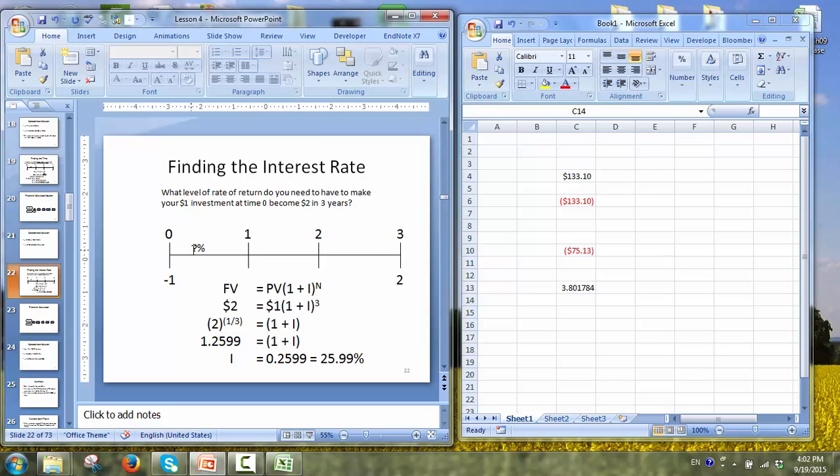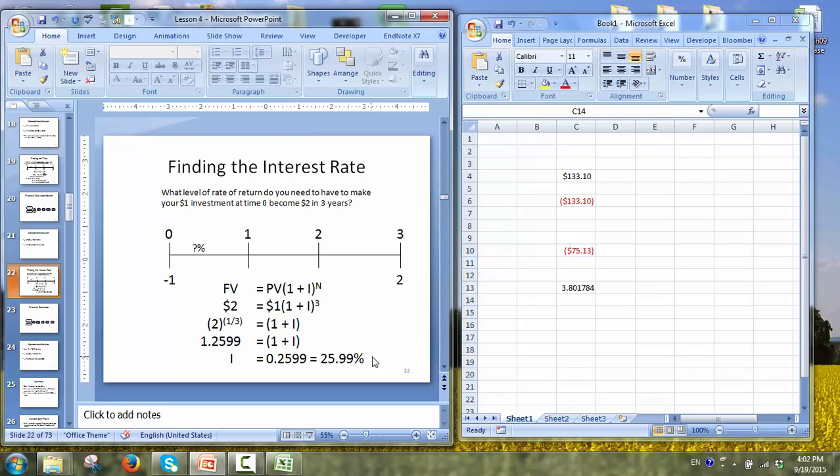Here we don't know the interest rate. We know we want 3 years for the investment to double, so we want to know what kind of return can guarantee that. So plugging $2 as future value, $1 as present value, 3 years as n, we solve for the interest rate.